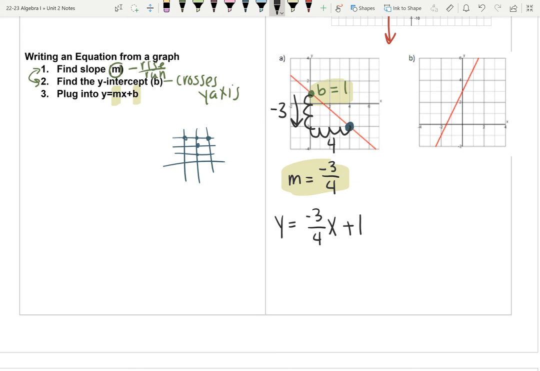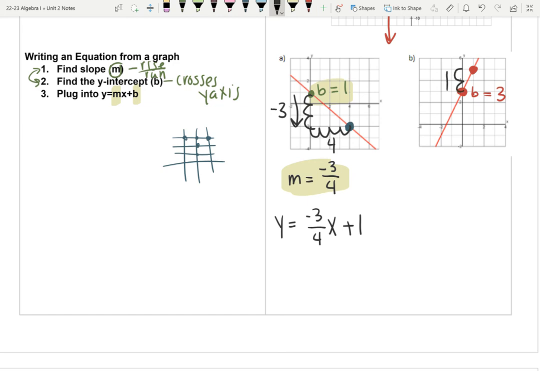Now if you want to pause the video and try this next one on your own, and then start it again, I'm going to go through it. The point where it crosses evenly on the y-axis is right here, and then I'm looking for another place where it crosses evenly on a crosshair, so I'm going to go right here. This means my b is going to be 3, and then I'm going to count for my slope.